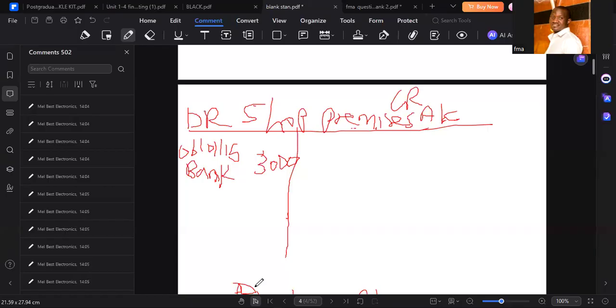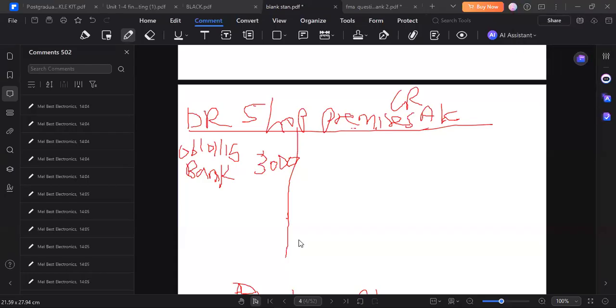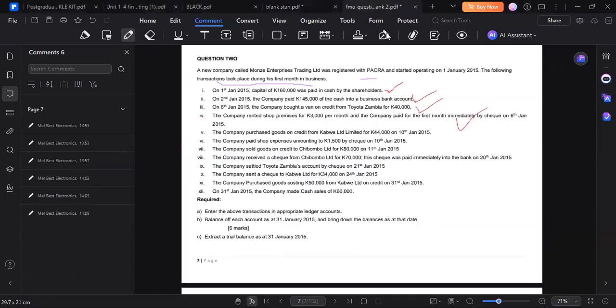Now we go down to the other agenda. The other agenda is that the company paid for shop expenses by check, amounting to 1,500 on 10th January 2015.